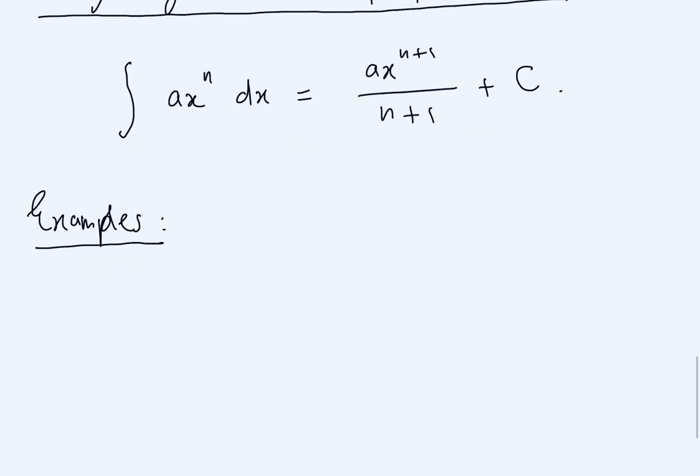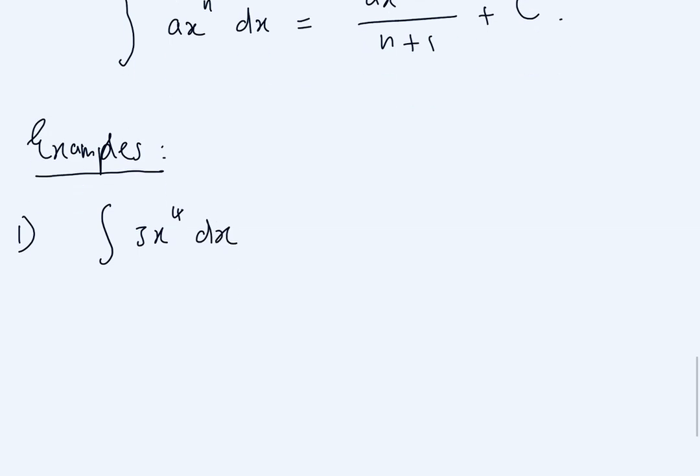So let's look at examples of where you apply this formula. Example 1: we have the integral of 3x to the 4 with respect to x. Example 2, let's integrate 2 over x squared with respect to x.